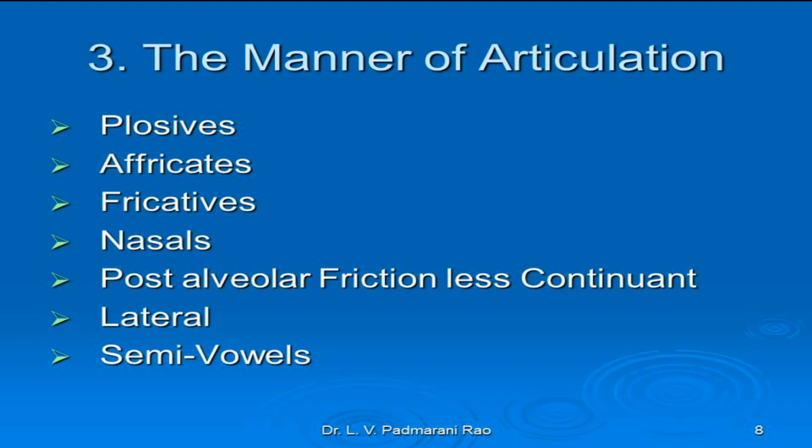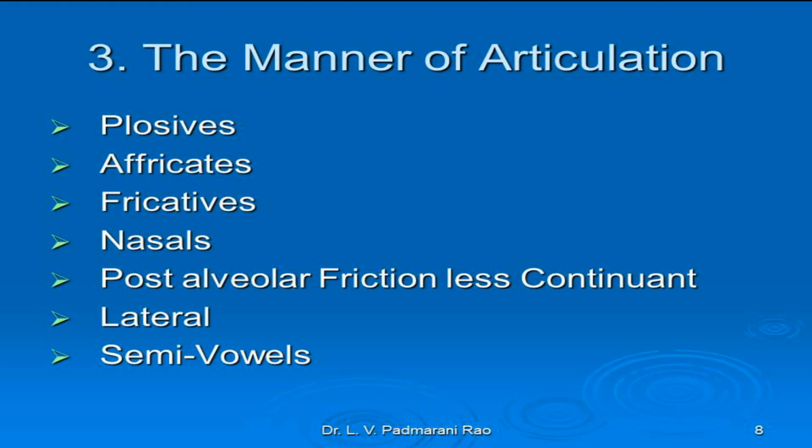Because of a slow separation of the articulators, affricates are characterized by slight audible friction, not by an explosive noise, but by a slow fricative sound. The examples for this will be ch and j. A slow release with a slight friction is observed in affricates.